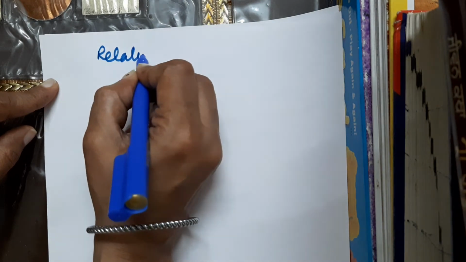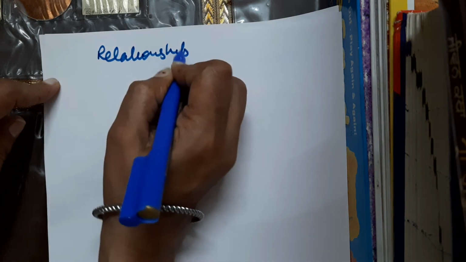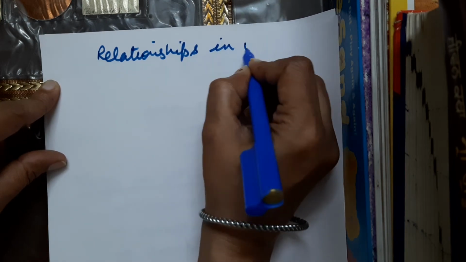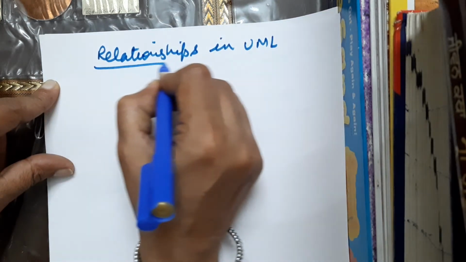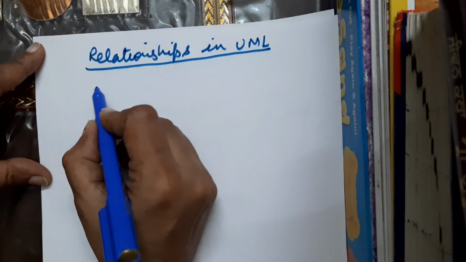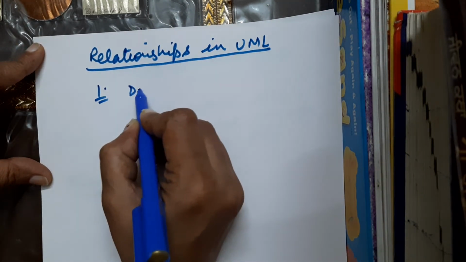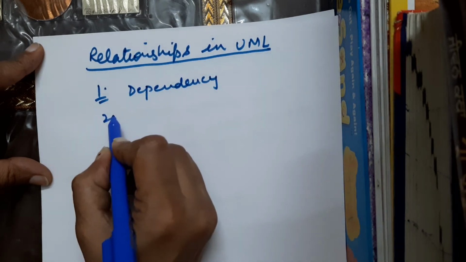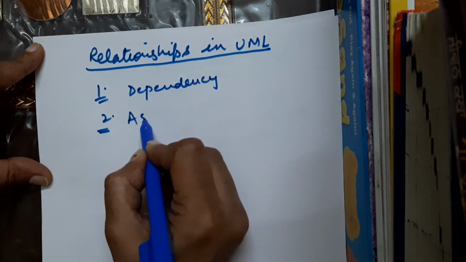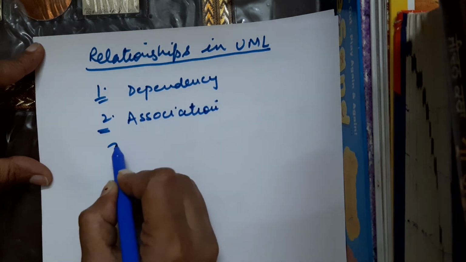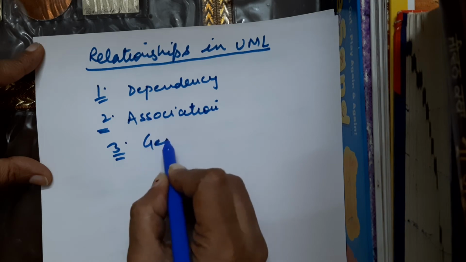Before moving further, let's have a look at the various relationships in UML. You might have heard some of these relationships before in your graduation time. The very first is dependency. Second is association. Third is generalization.